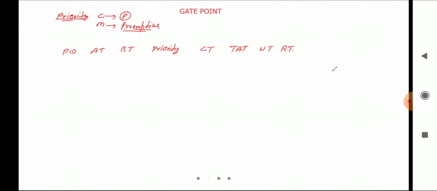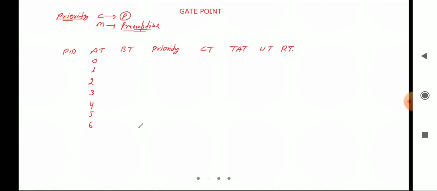Here arrival time is given as 0, 1, 2, 3, 4, 5, and let me take 6 also.